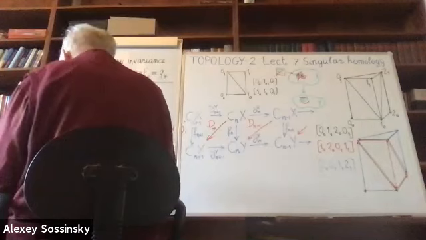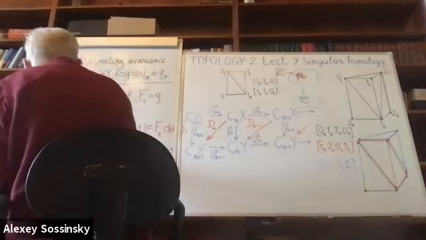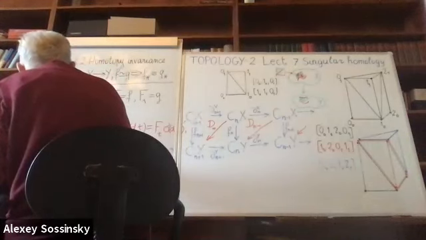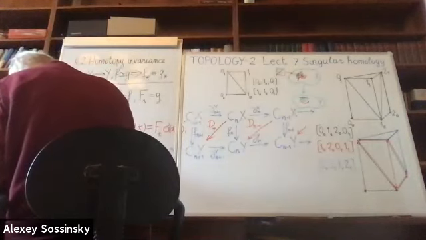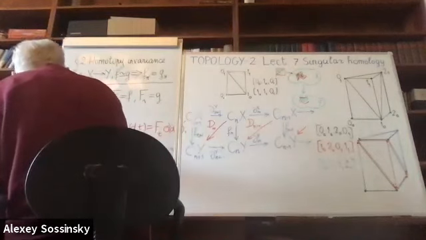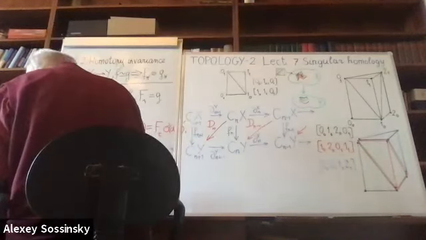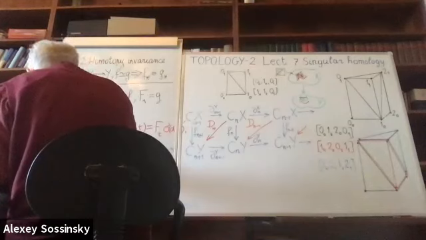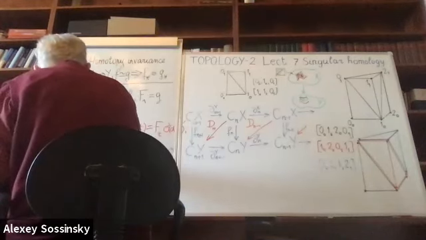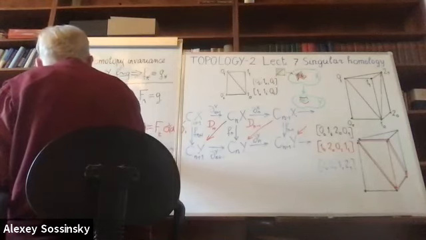I will also need a linear map, which I will call epsilon_{n+1}, of the simplex Delta_{n+1}.